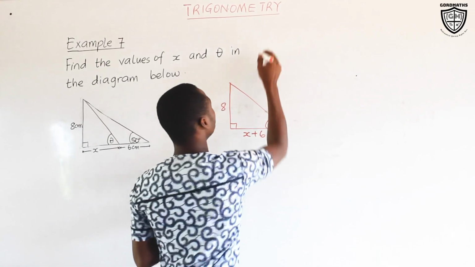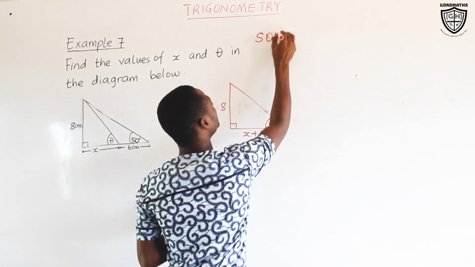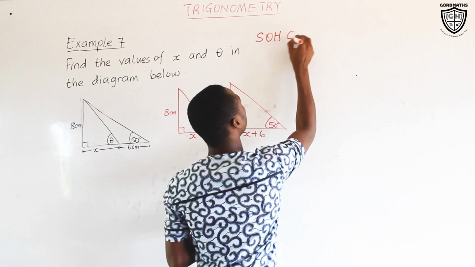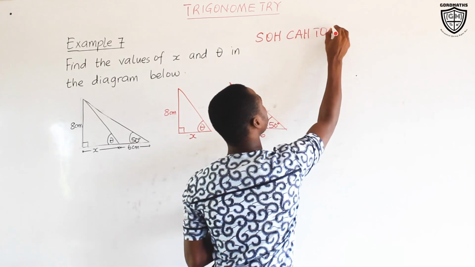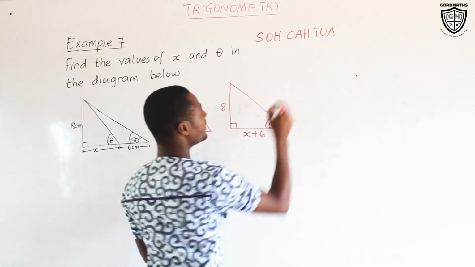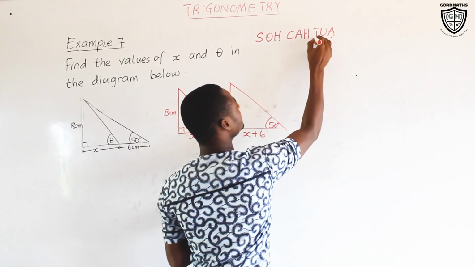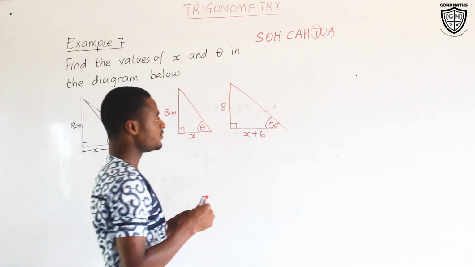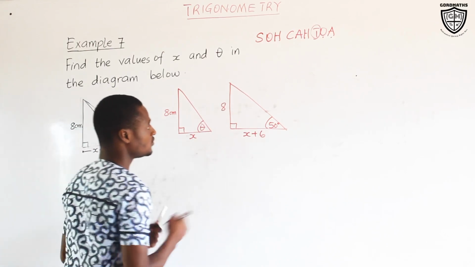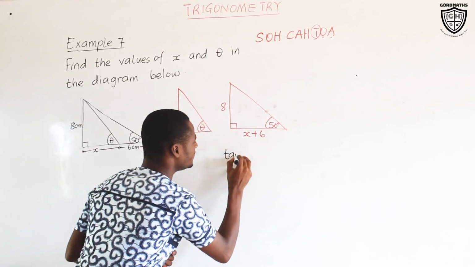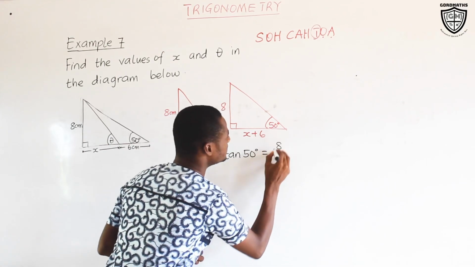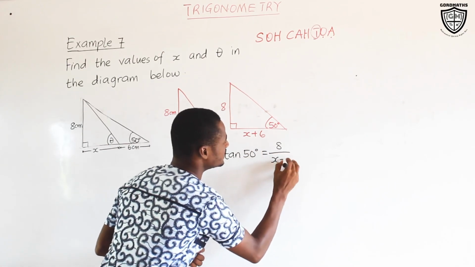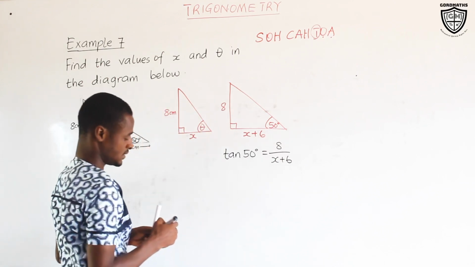Since the trigonometric ratios are sine opposite on hypotenuse, cos is adjacent on hypotenuse, tan is opposite on adjacent. So where we have opposite and adjacent, we use the ratio tan. So tan 50 degrees will be equal to, the opposite is 8 and the adjacent is x plus 6.